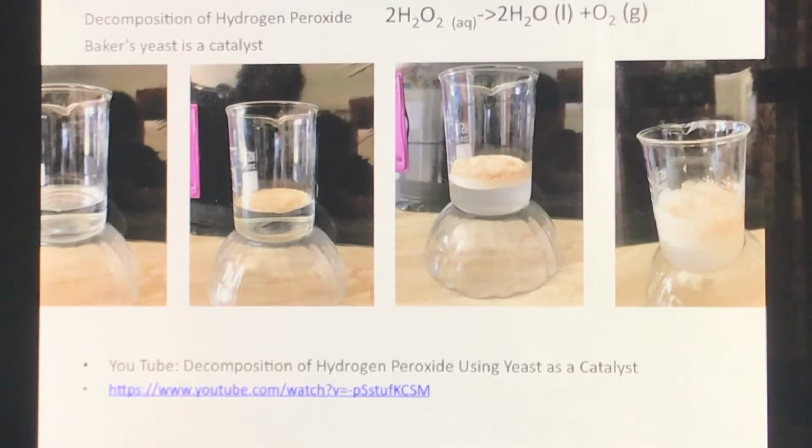So if you look at page 512, experiment 14.2 is outlined, and in this case we're setting up an experiment. I just did it at home and took pictures, looking at the decomposition of hydrogen peroxide, which is this H2O2, when it gets broken down into H2O, water, and oxygen gas.